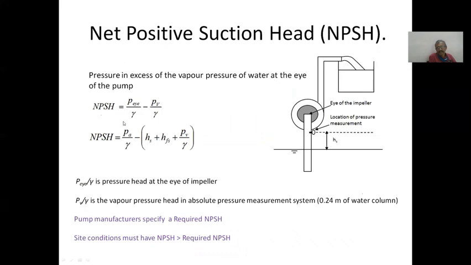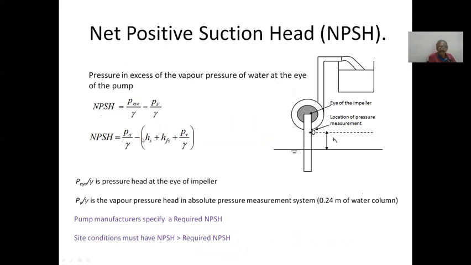It's very simple, and the derivation is given in our manual. So one can calculate net positive suction head. What manufacturers do is, for each pump, they calculate the NPSH required, and they give it on the label.